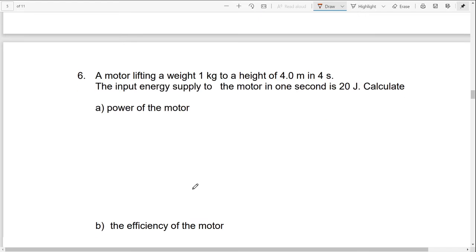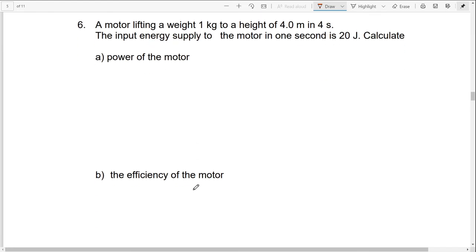So let's move on. A motor lifts a weight of 1 kilogram to a height of 4 meters in 4 seconds. So I have a weight here being lifted up to a new position.